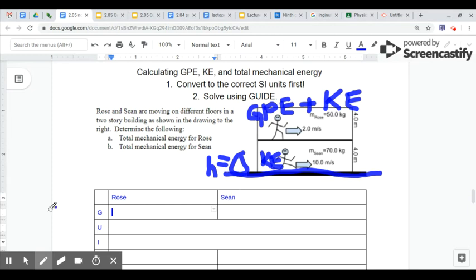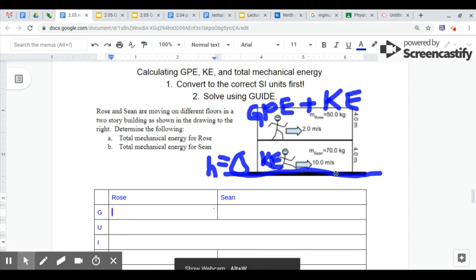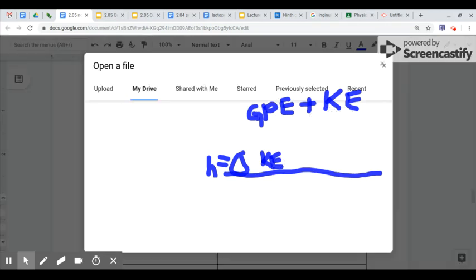Okay. So now we're going to write down some givens that we have from our diagram. We're going to write down that the mass of Rose is equal to 50.0 kg. I'm going to move over a little bit, and then I'm going to talk about her height. So height of Rose.